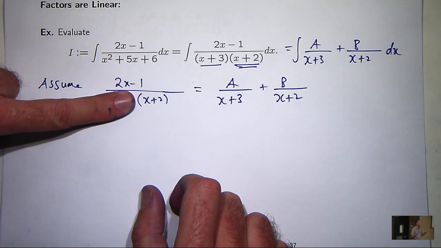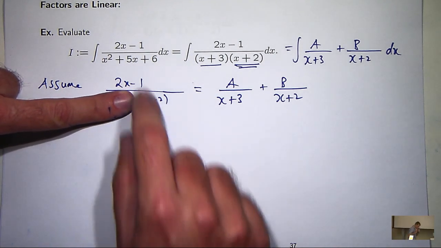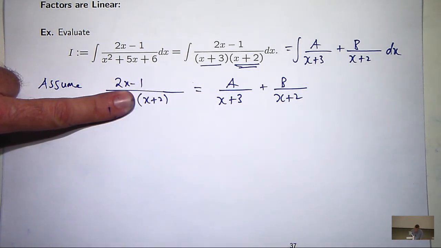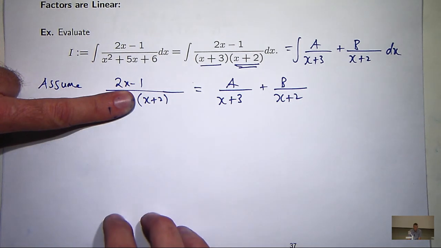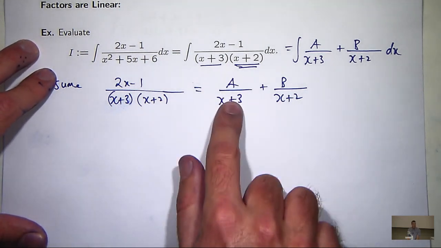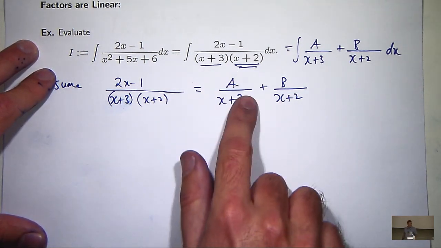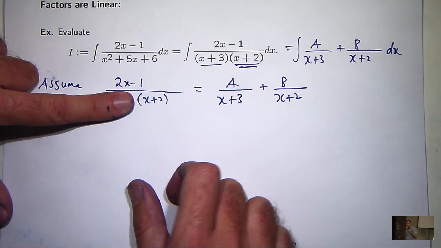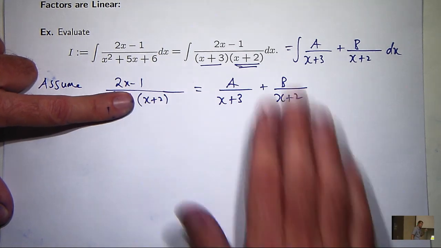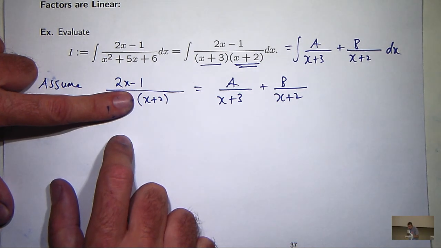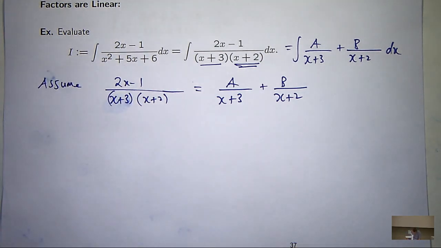That will give me the value of big A. So let me just write that out. I'm going to cover up x plus 3 and substitute in x equals minus 3.